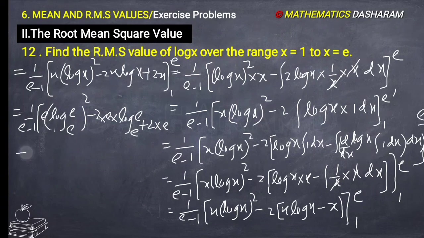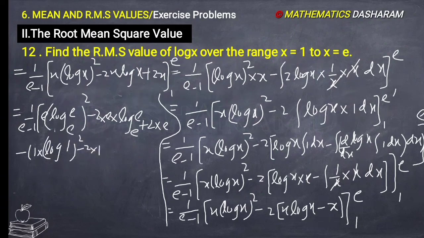Next minus the lower limit: 1 into (log 1) whole square minus 2 into 1 into log 1 plus 2 into 1.